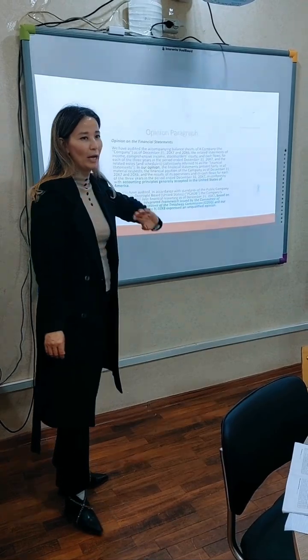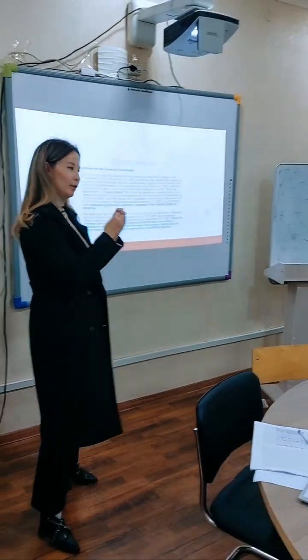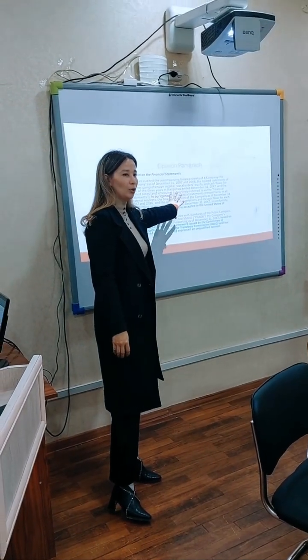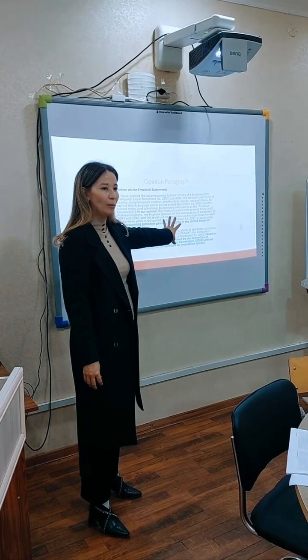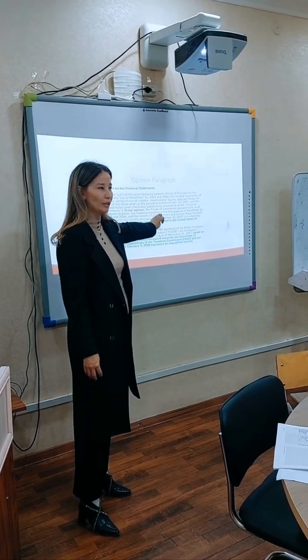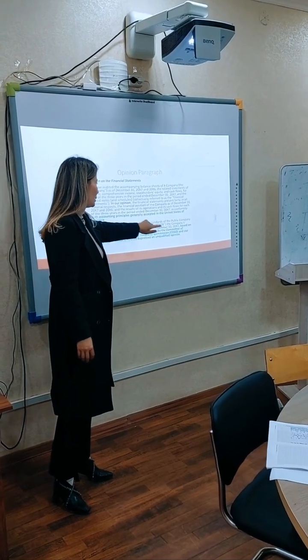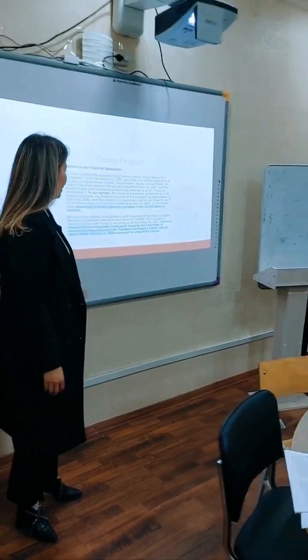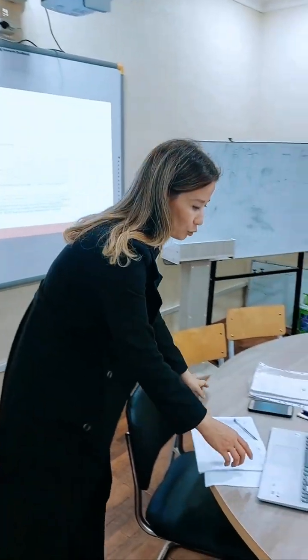This is an American example of the audit conclusion. In our republic we can use international audit standards and accounting principles. So it's an example of a fair audit conclusion.